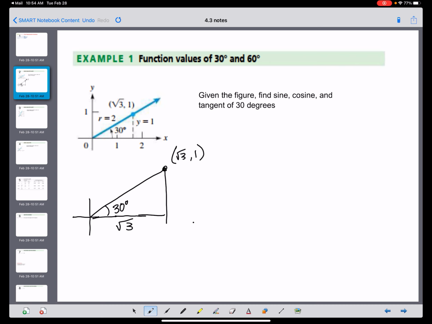And the vertical distance, or the y value, is 1. It's also telling us that r is equal to 2. So it gives us all this information, and then we just have to find sine, cosine, and tangent.